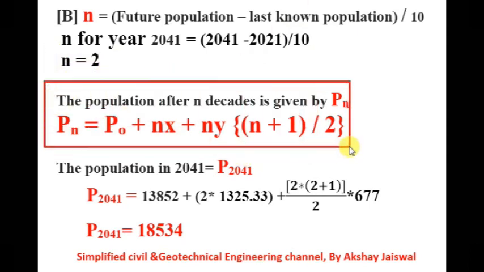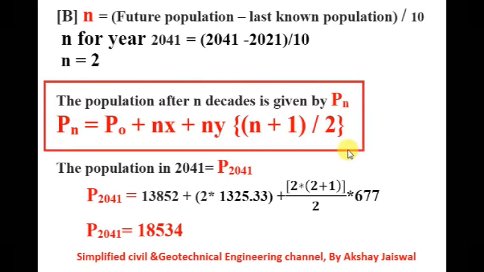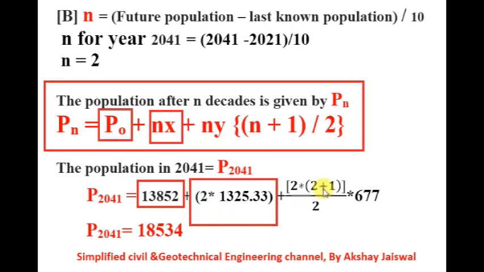The formula to find the future population by using the incremental increase method is Pn is equal to P0 plus nx plus ny into n plus 1 divided by 2. So the population in 2041 is given by, here P0, that is the latest known population, is 13,852, which is given in the table. Now nx, the value of n is 2, the value of x is 1325.33, which we have calculated from the table.